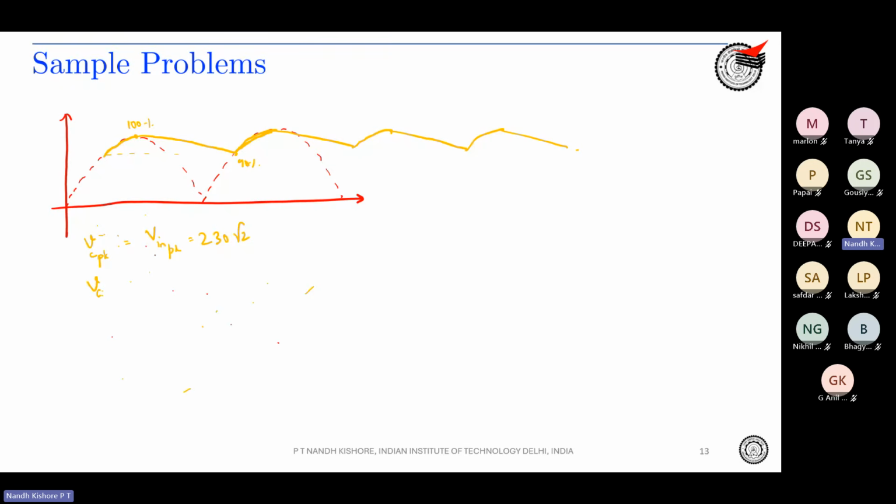And your VC minimum would be 90% of V in peak. That is 0.9 into 230.